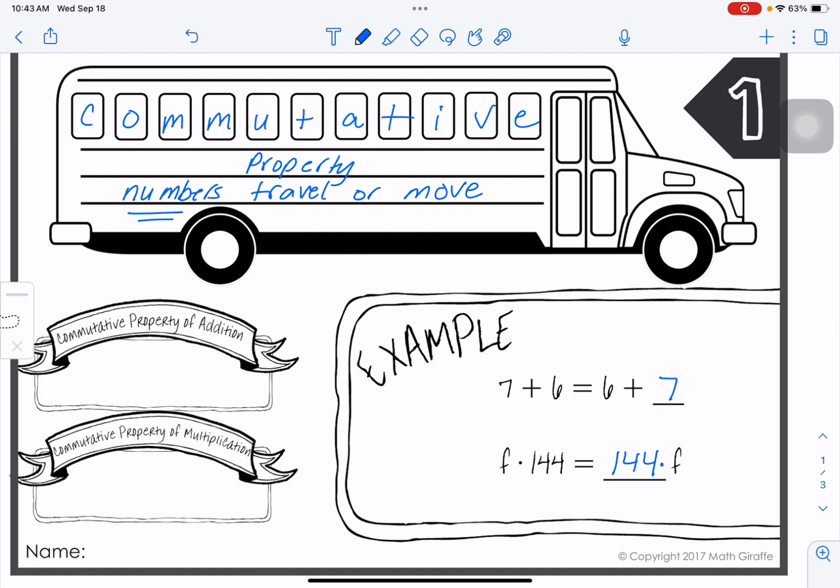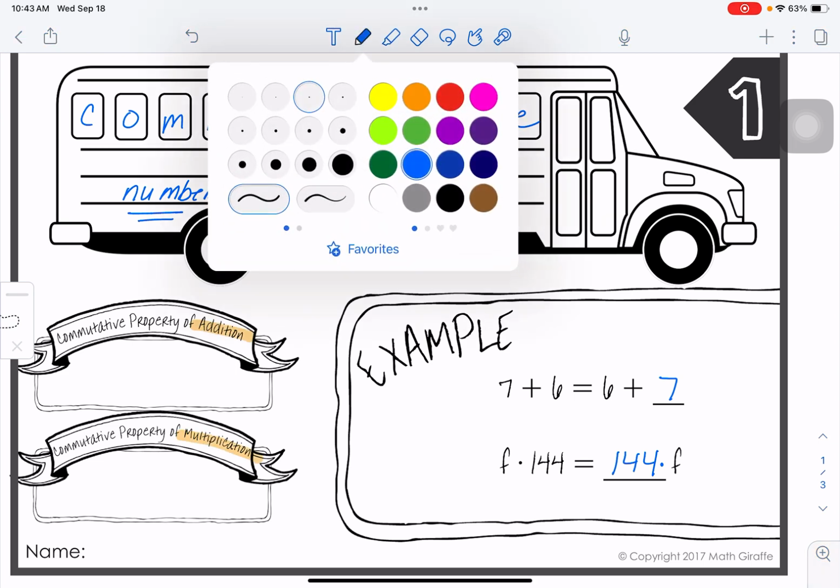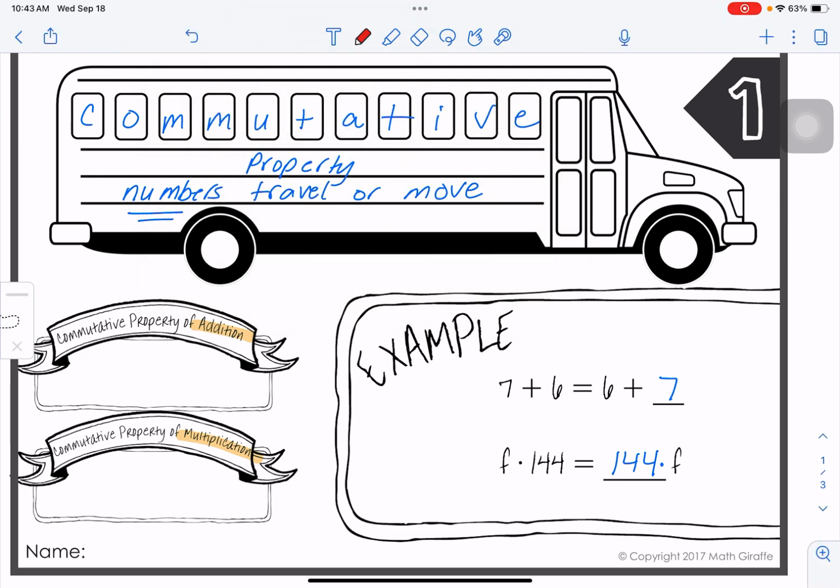Now, sometimes when you're doing this, it will get specific on what operation the commutative property is applying to. Because the commutative property only works for two operations, and that is addition and multiplication. So sometimes they might refer to something as the commutative property of addition.